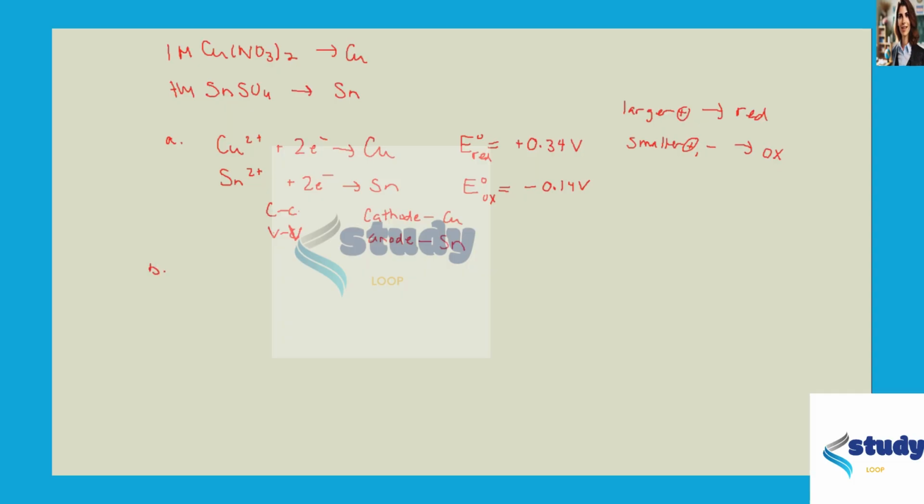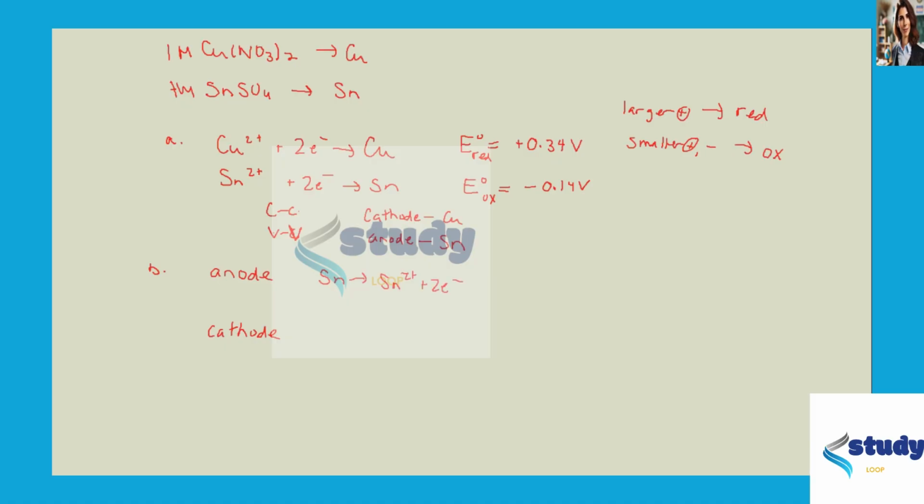In question B, we want to know which electrode gains mass and which one loses mass as the cell reaction proceeds. We have our anode and we have our cathode. At the anode, remember, oxidation is occurring. So tin is going to Sn2+ plus 2 electrons.